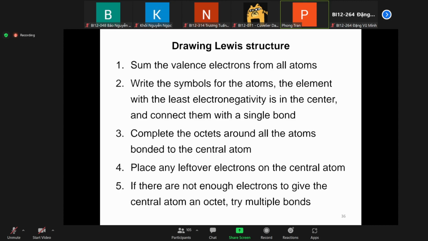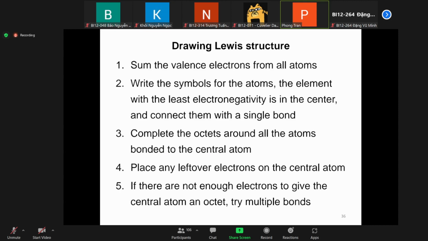And then you complete the octets around all the atoms bonded to the central one, that means the surrounding atoms. You put the valence electrons you have to satisfy the octet rule. If after this you still have some electrons left, you put them on the central atom.